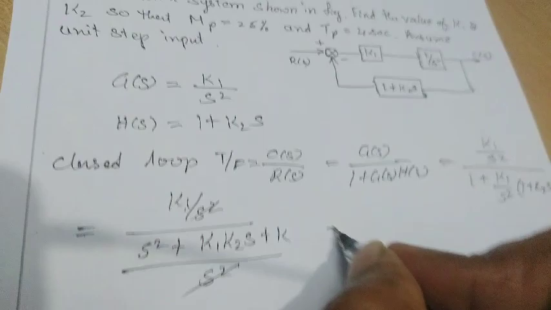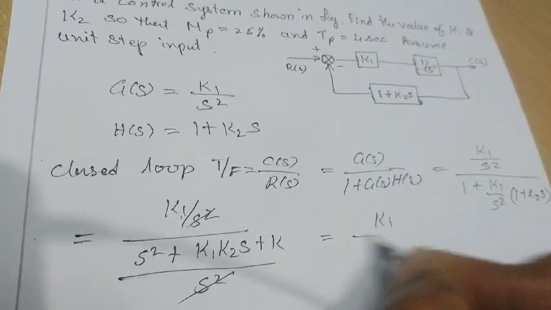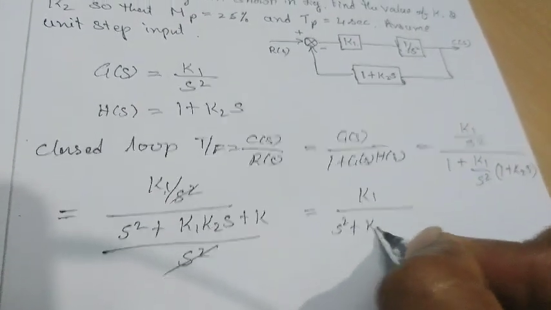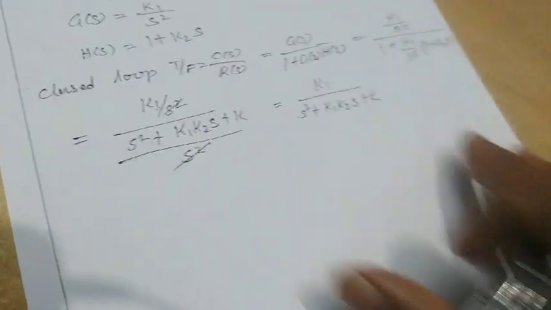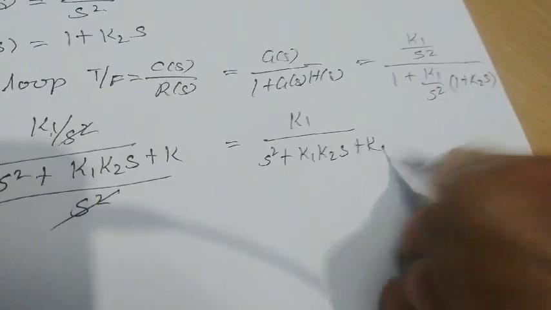This S square cancels and we get K1 by S square plus K1 K2 S plus K1.